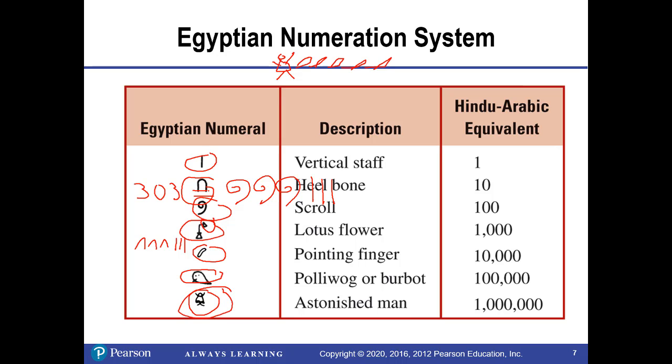And so although the Egyptians could use these symbols to represent any number up to 9,999,999, and they may have had ways to represent bigger numbers too that we just don't teach, some of those numbers got really big.